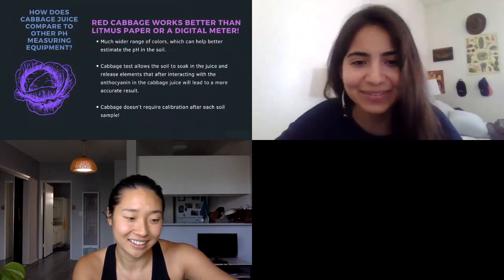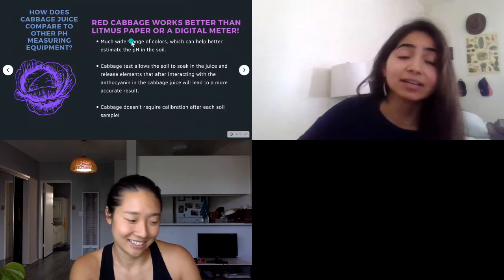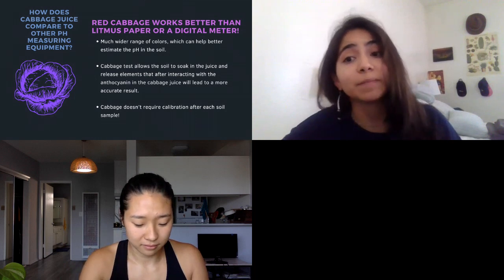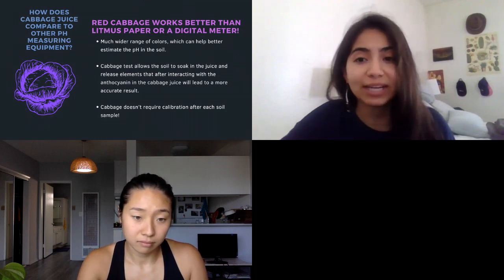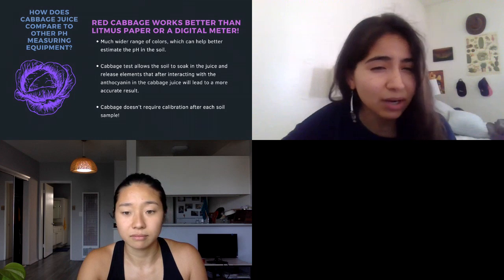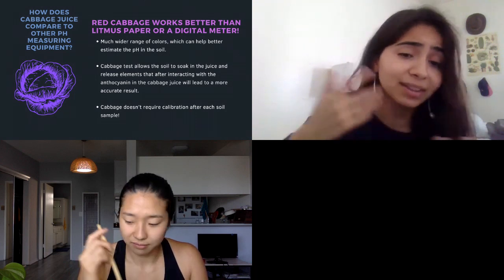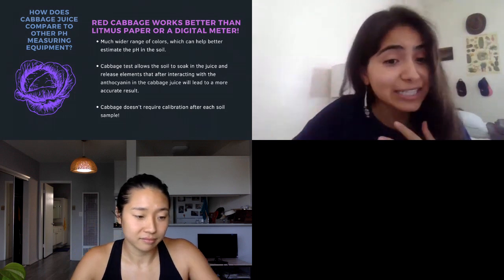How does cabbage juice compare to using other pH measuring equipment? So as we mentioned before, red cabbage juice can actually work better than litmus paper or a digital meter. I think one of the most important things is it's more accessible and more affordable.